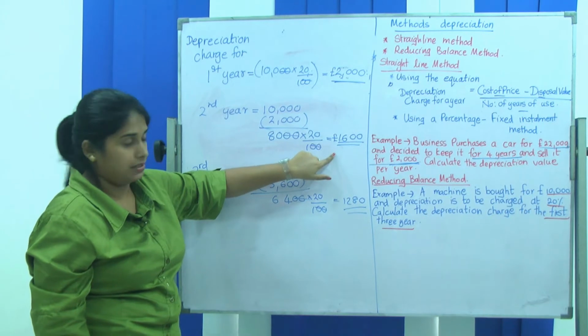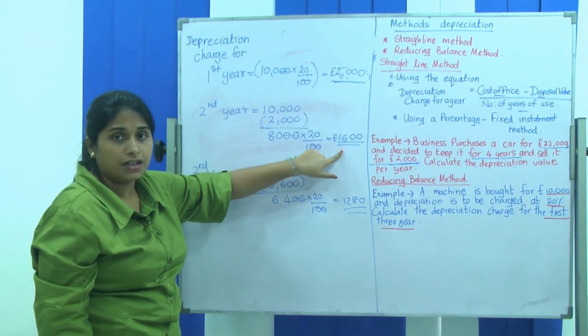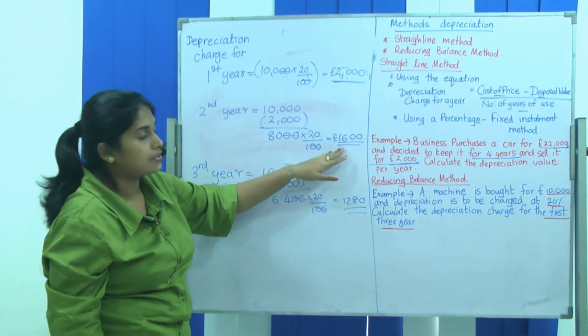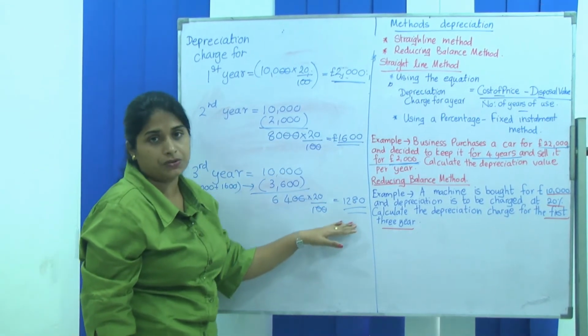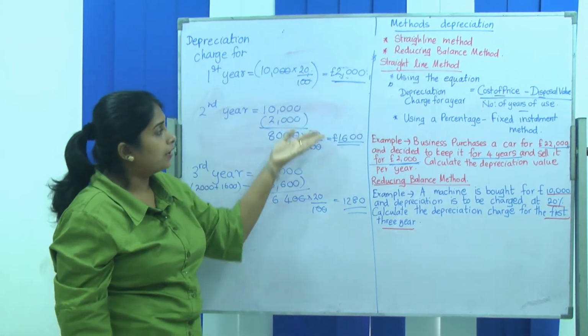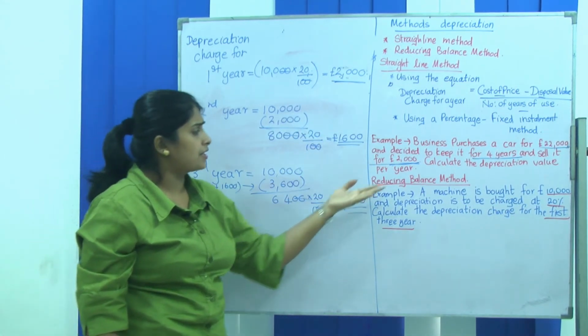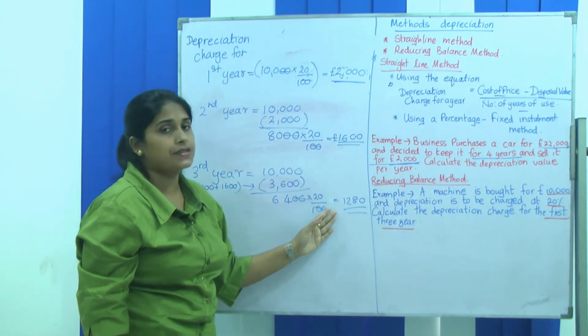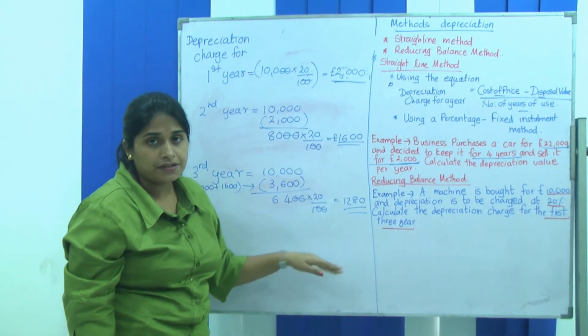Now you can see, if you look at the board, the first year it was 2,000, but in the second year it has decreased to 1,600, and in the third year, from 1,600 it has decreased to 1,280. So if the business is using the reducing balance method, year by year the depreciation charge will decrease annually.